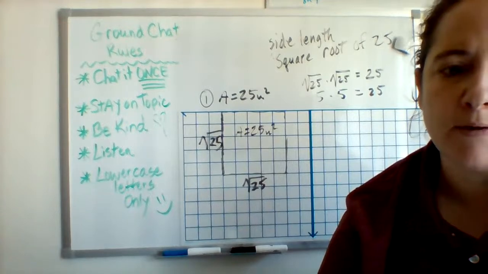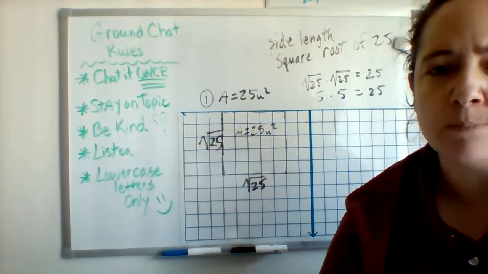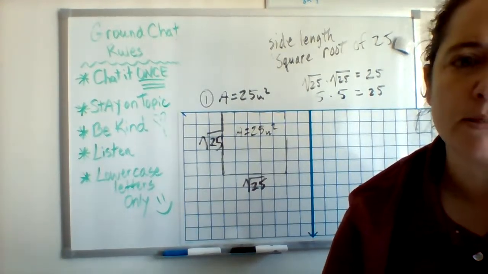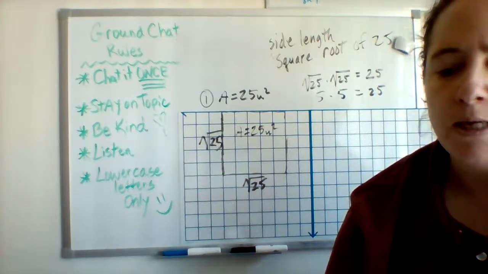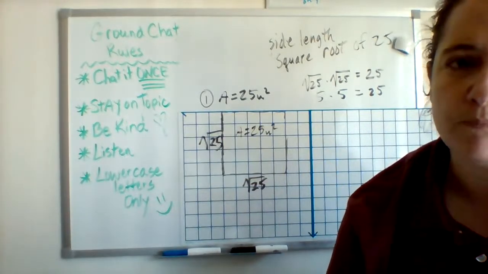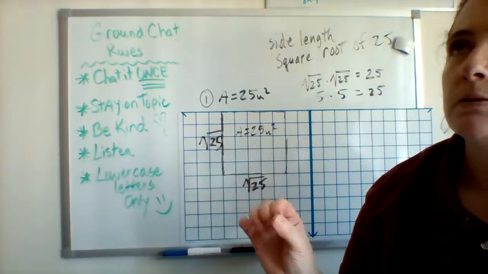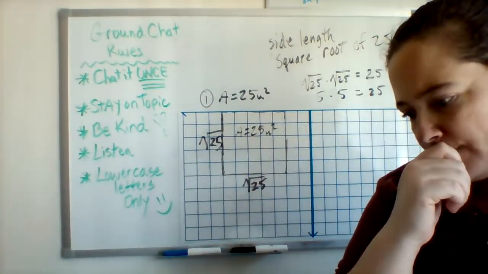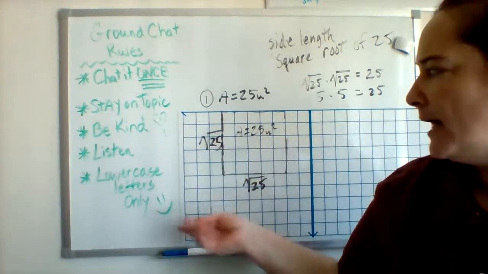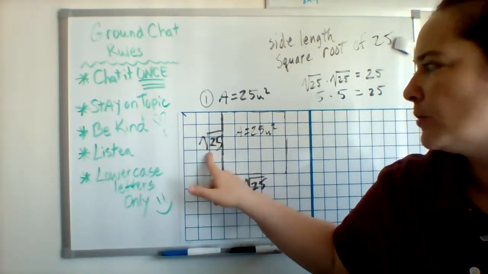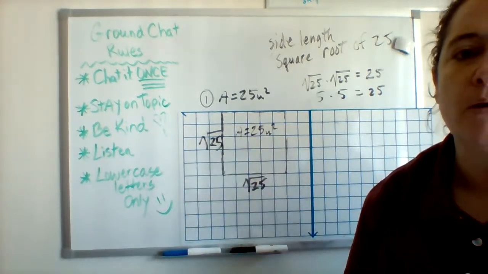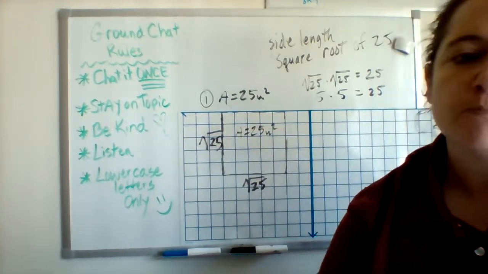All right, that's not gonna count for anything because there's like nothing done. You have to watch the video because I set it up so that you understand, and then use what we did here with naming the side length, the square root of 25, instead of just saying, oh, this measures 5 units.